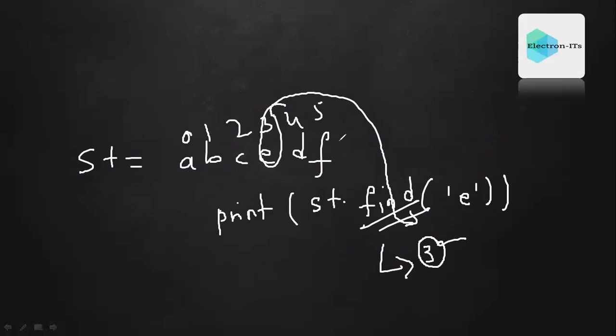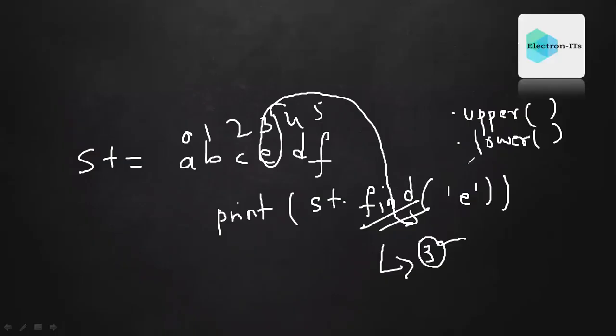Then we can use different inbuilt functions along with strings, like upper. Using dot upper and then your corresponding string, it will convert all the letters into uppercase. Then similarly we will use lowercase.